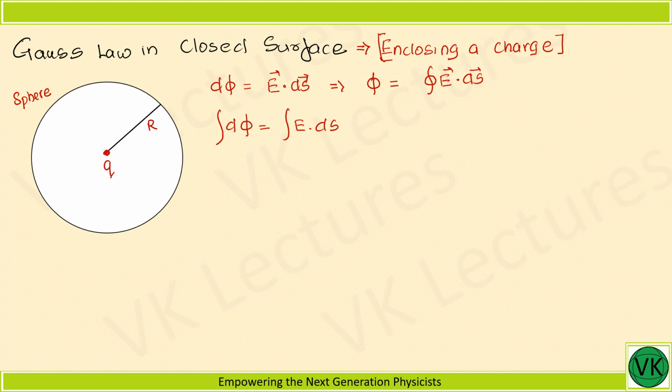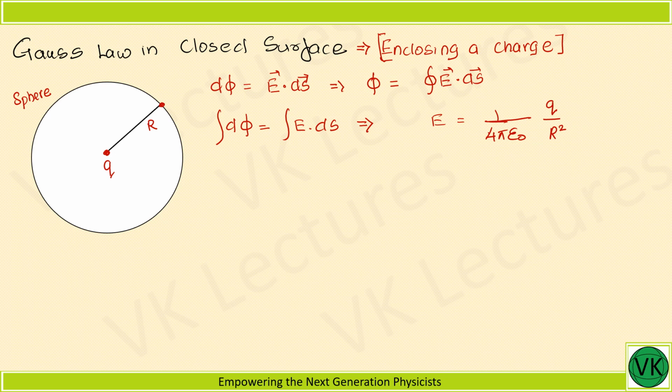And what is the electric field? Now we need the electric field at this particular point on the surface. So the electric field at the surface E is equal to 1 by 4 pi epsilon naught, assuming that it is free space, q is the charge, over capital R square, where R is the radius of the sphere.